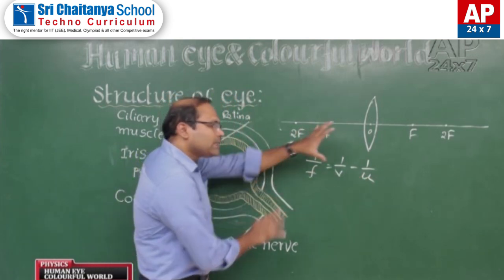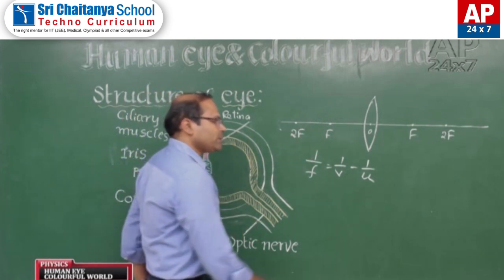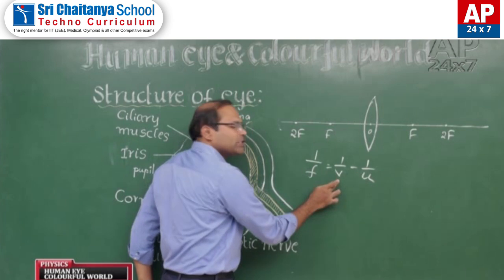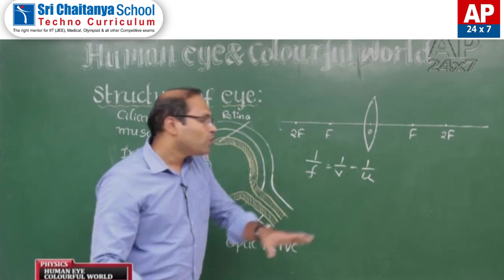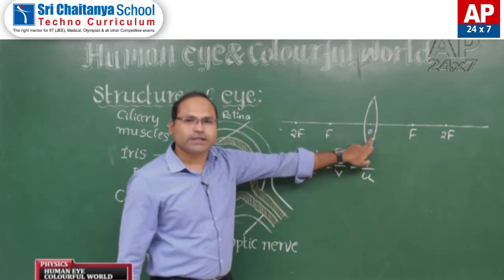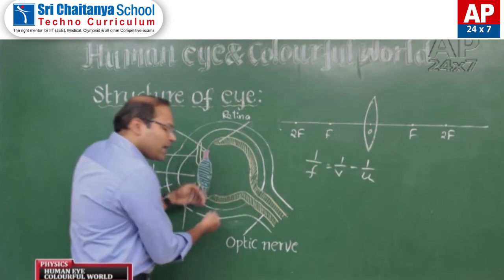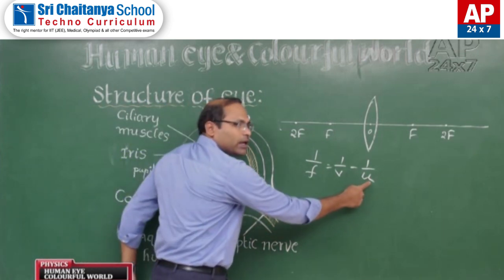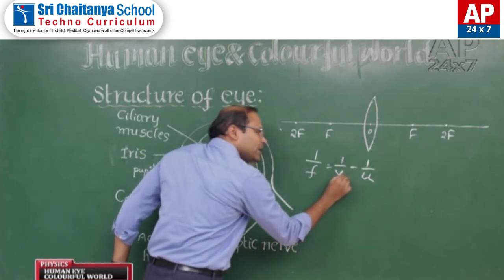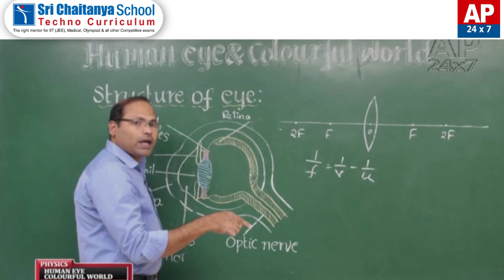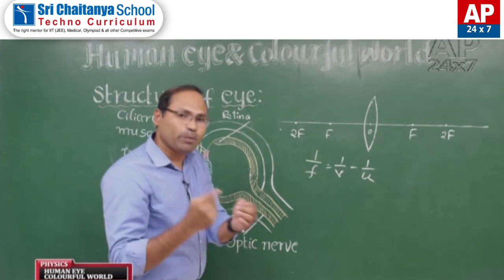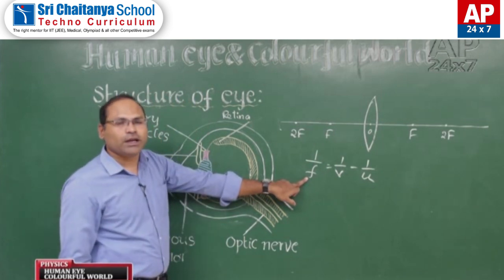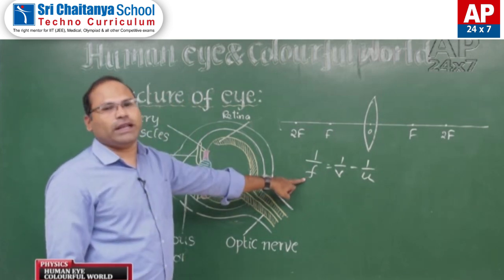In the usual case of image formation, the object distance varies and the image distance also varies because the focal length of the lens remains constant. Here in our eye lens, the object distance is varying, but we are saying the image distance is fixed. How is it possible to make the image distance fixed? The only way is to change the focal length. How could the focal length of the lens change?